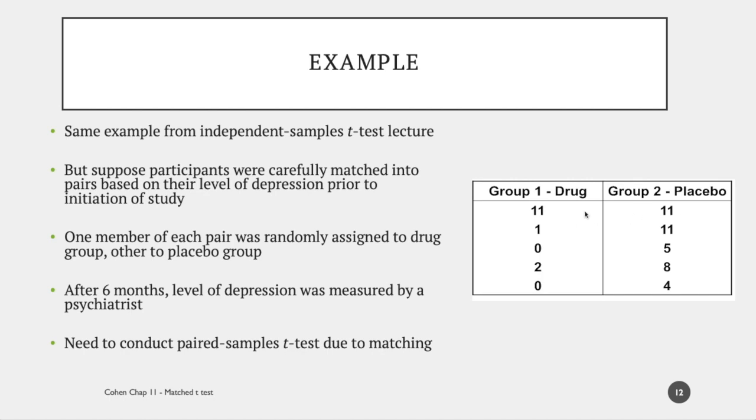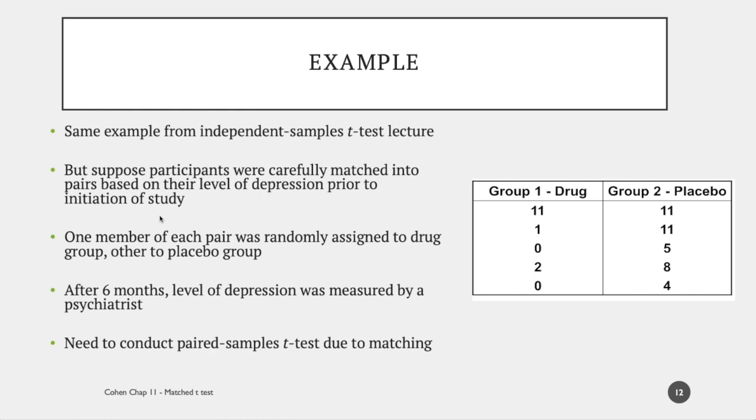So we matched them based on sex, race, drug history, everything that we can think of that has everything to do with this study, particularly depression prior to the initiation of the study, because that's what we're studying. And then we do the experiment.